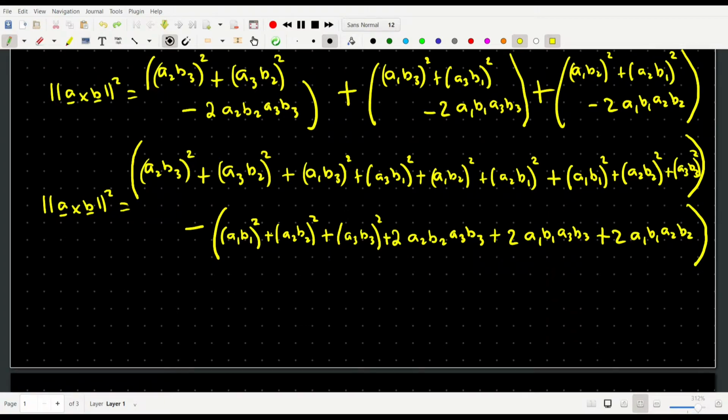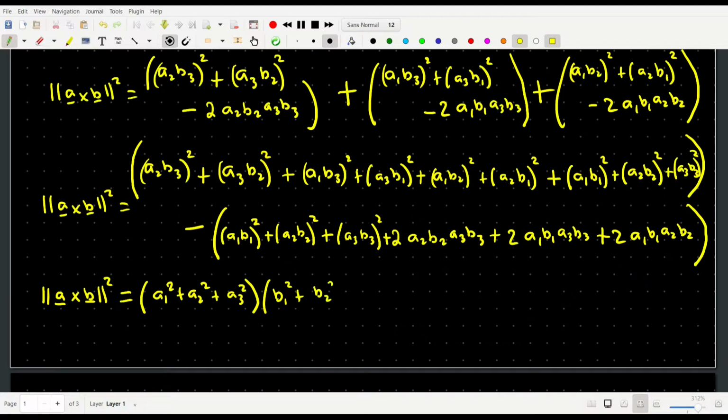But what's amazing is we can now recognize this first parenthesis right here is the same thing as the expansion of a1 squared plus a2 squared plus a3 squared times b1 squared plus b2 squared plus b3 squared.